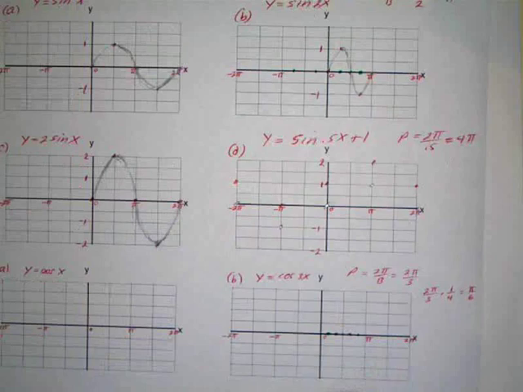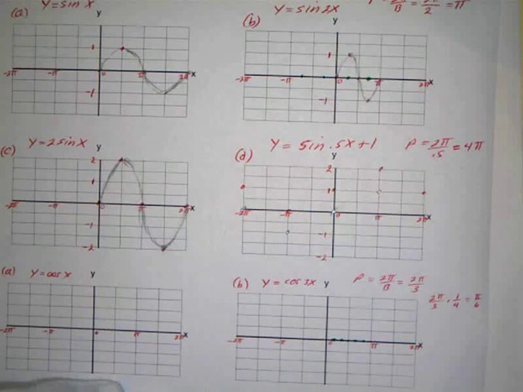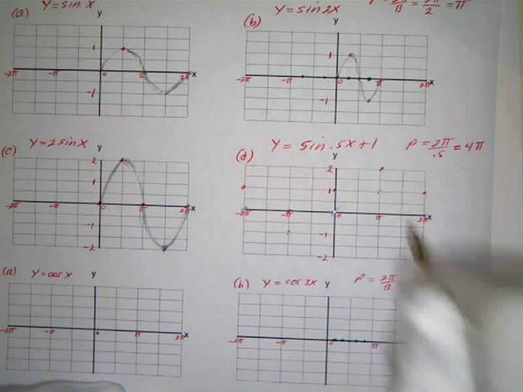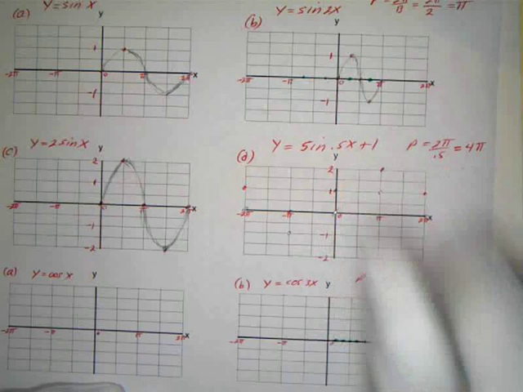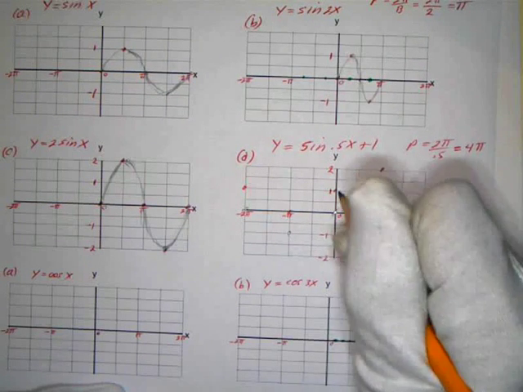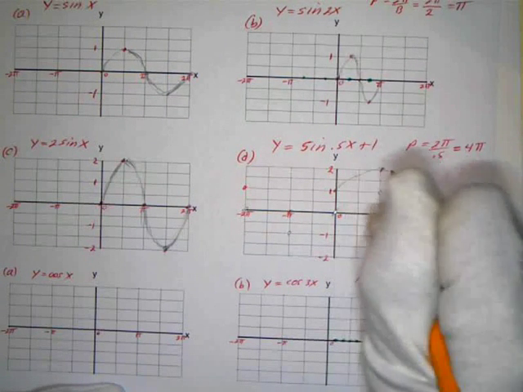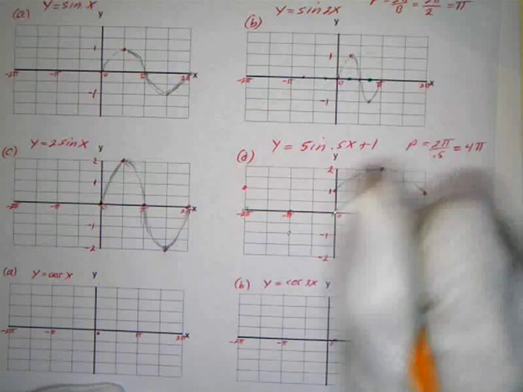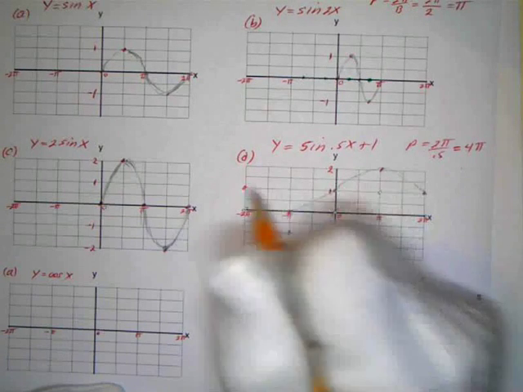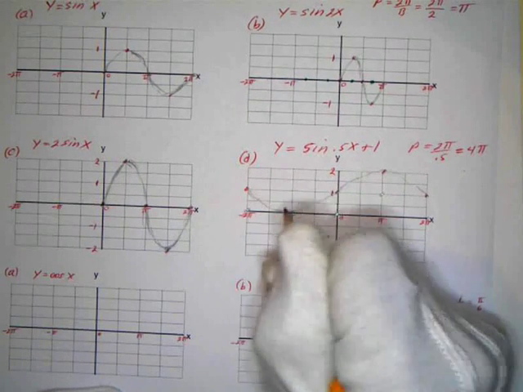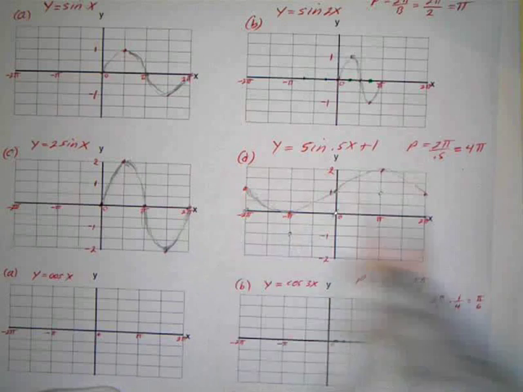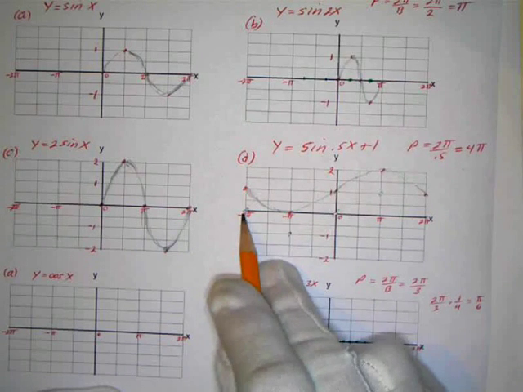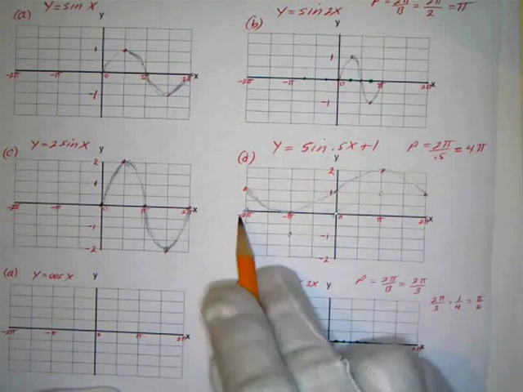And then I'm going to add one to all these, and this is what we've got. And you can see our period definitely is 4 pi. Negative 2 pi to 0 to 2 pi is 4 pi.